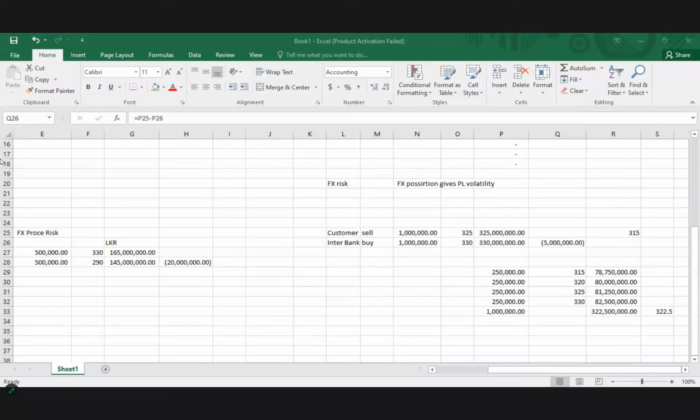If your payables are very short term, you need to pay within next week, but your receivables are coming in 3 months or 6 months time. Will you be able to set off your receivables against your payables? No, there will be a maturity mismatch.